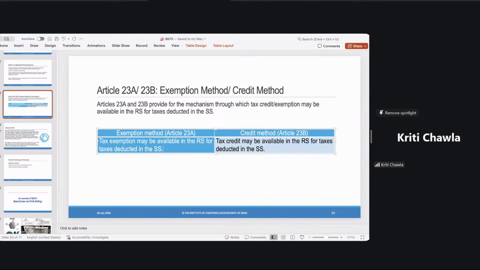The credit method is provided in Article 23B, and it says that there could be a tax credit available. So, the taxes that have been deducted in the source state, the taxes that you've paid in the source state, might be available for credit in the resident state whenever the resident's returns are being filed. So that's the exemption method and the credit method.